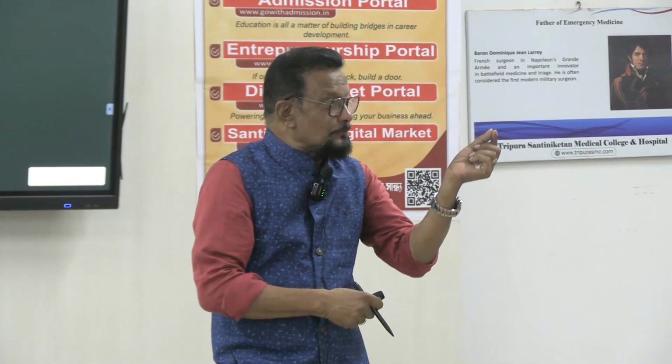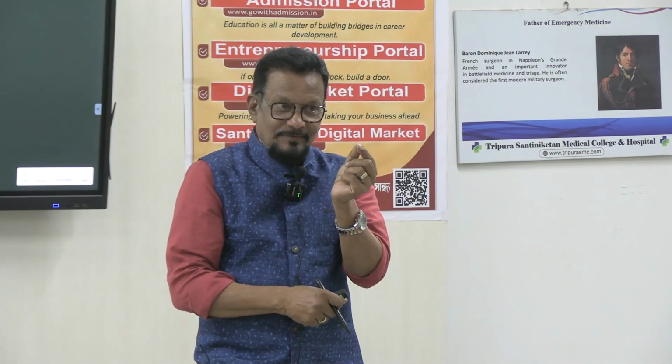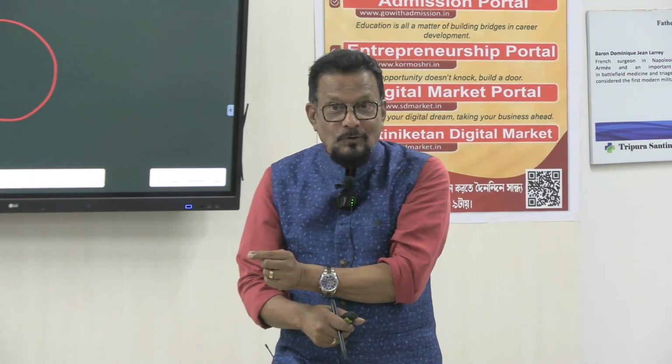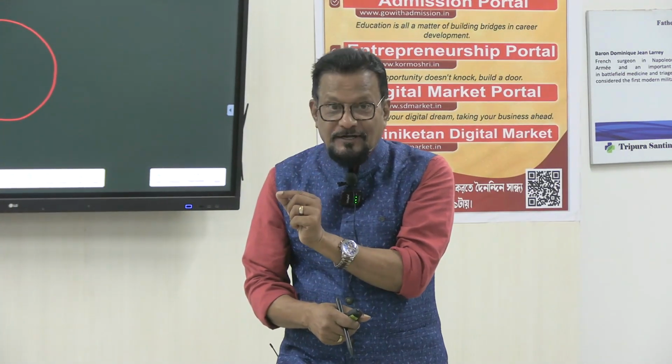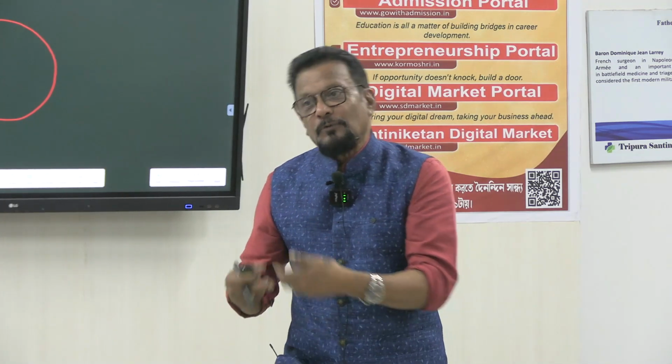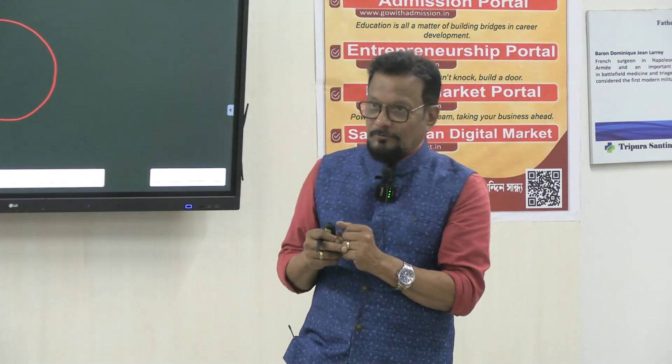So hypothalamus will secrete some releasing factor, and when this releasing factor comes to the cells of the anterior pituitary, it will stimulate those cells, and then only will they produce growth hormone, otherwise not.